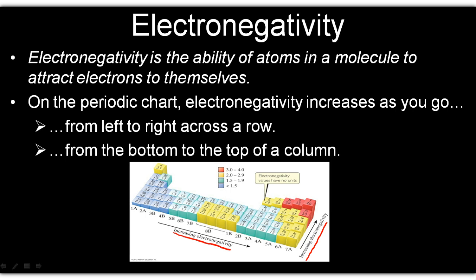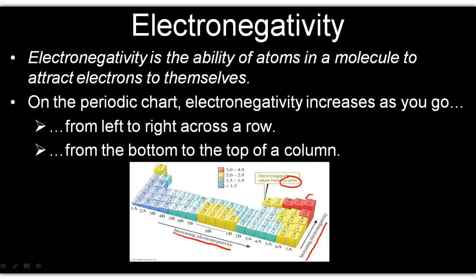These values have no units, as it states right here. So they're just comparative values that a guy named Linus, I believe, is the one who introduced these. There are several different ways we can look at this electronic difference between atoms, but this is the one we primarily use. We'll see another one in just a little bit.